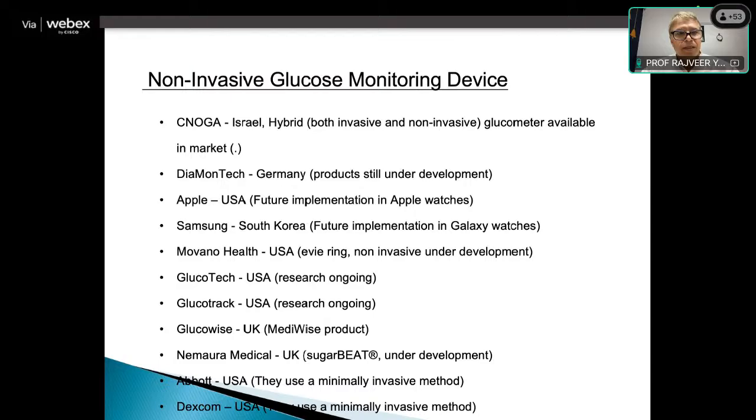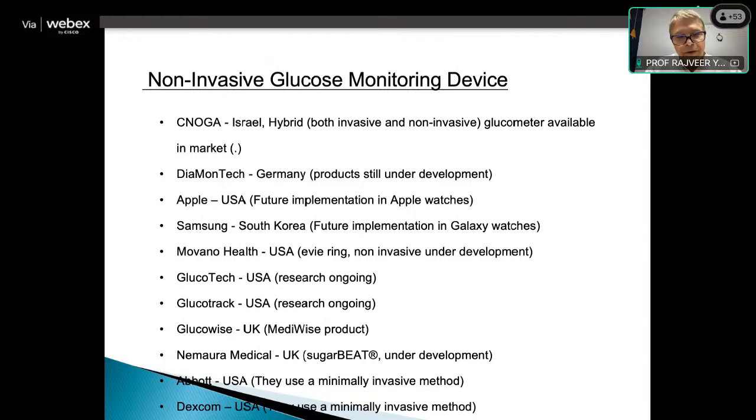In the present era, there is an earring. These earrings are based on radio frequency devices, and they have developed different sizes of rings. This is Moana Health. Excellent product, but again, the approval from FDA is still to be taken.